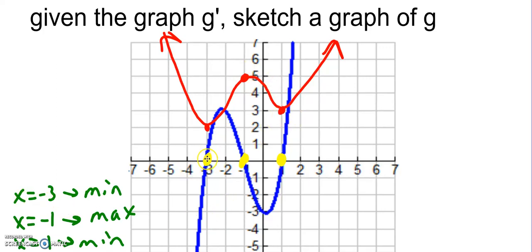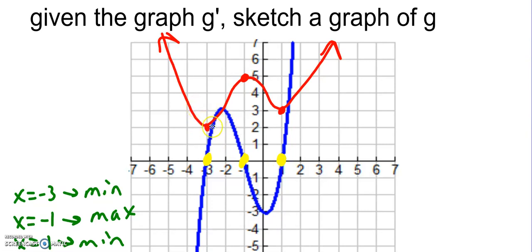What I do know, though, is that at -3, at -1, and at 1, the function had to have a slope of 0, so there have to be relative minimums and maximums at those points. And I know that because the derivative was 0 at those points.